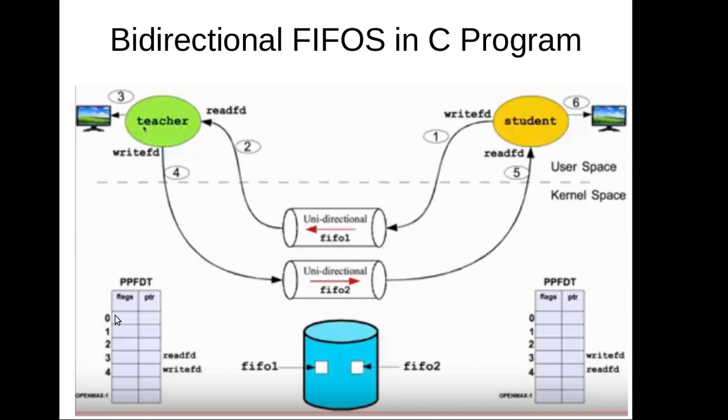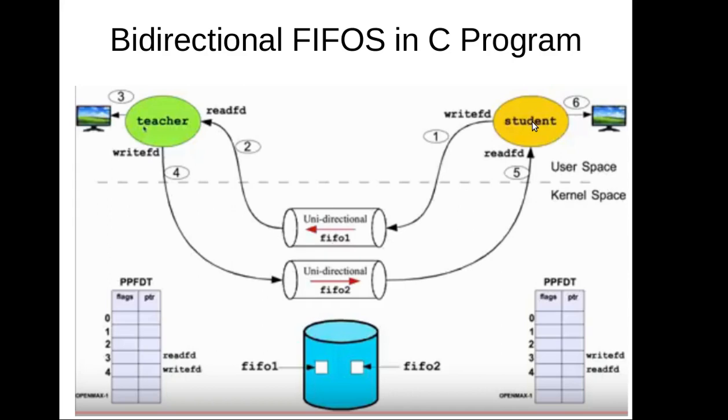As you all know, 0, 1 and 2 correspond to stdin, stdout and stderr. Since the teacher is going to do the read first and then the write, we have the read file descriptor and write file descriptor at 3 and 4. For the student it is vice versa: the write file descriptor first and the read file descriptor next.